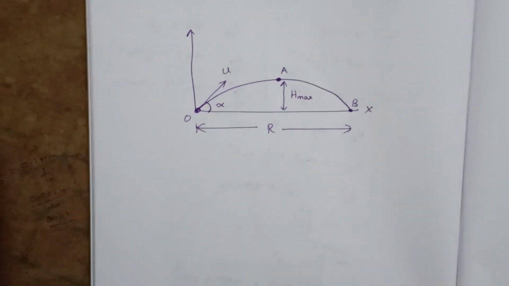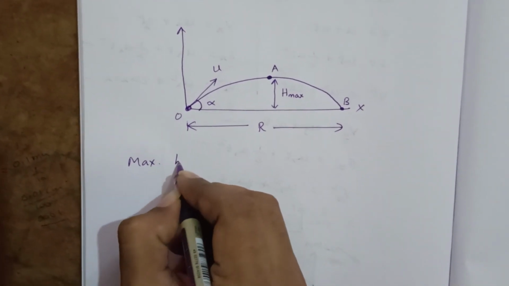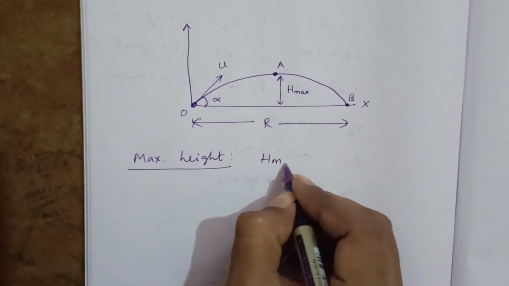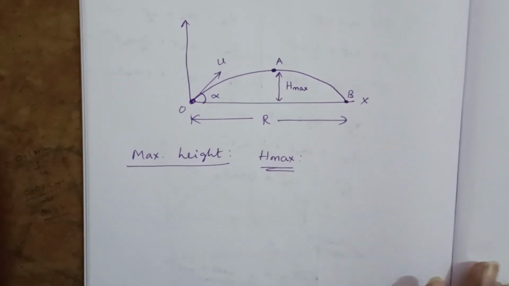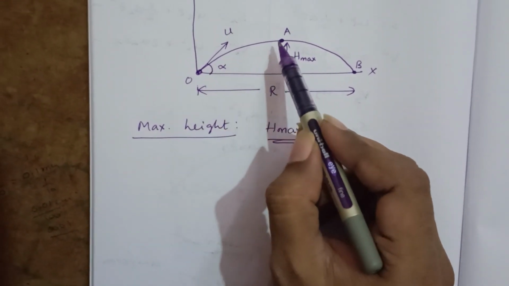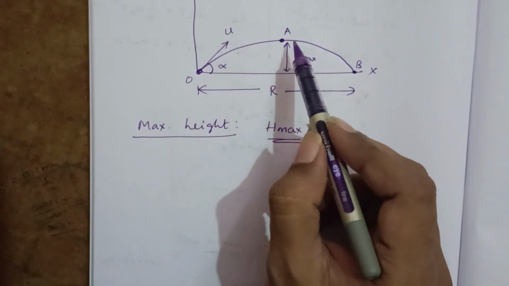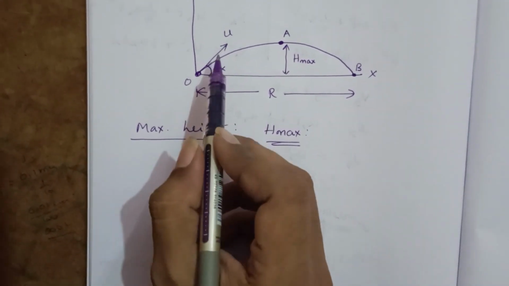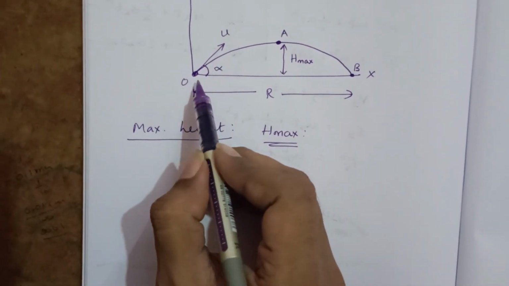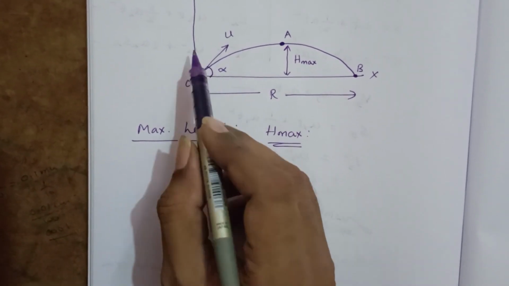Now we'll find the maximum height, H max. Now how to find it? Maximum height means the body reaches A. Initial velocity is u. It is resolved into two components, x component and y component.